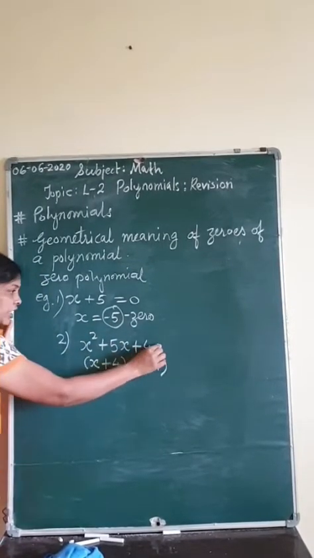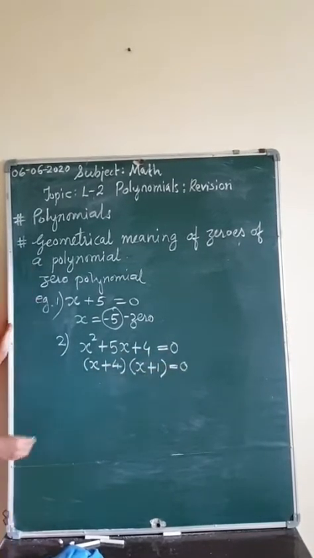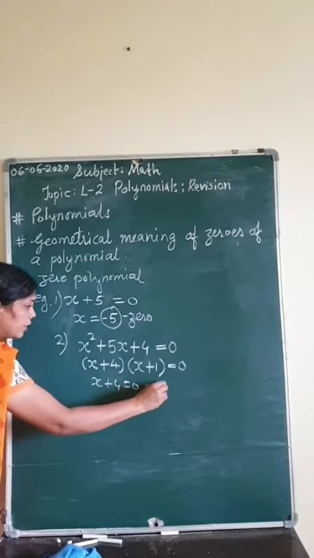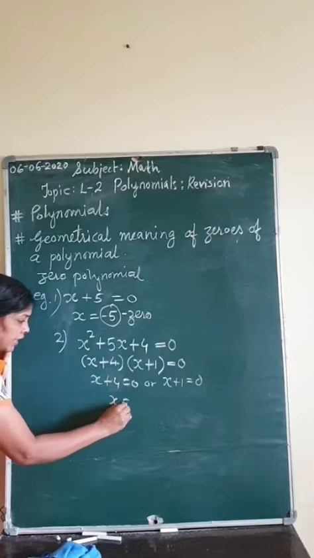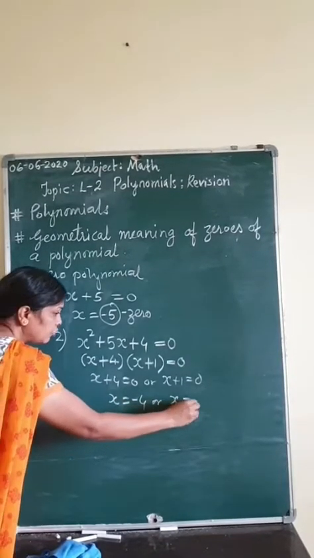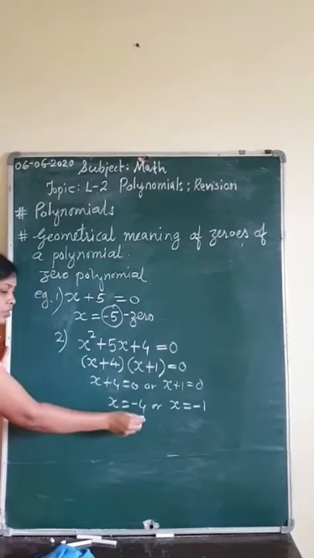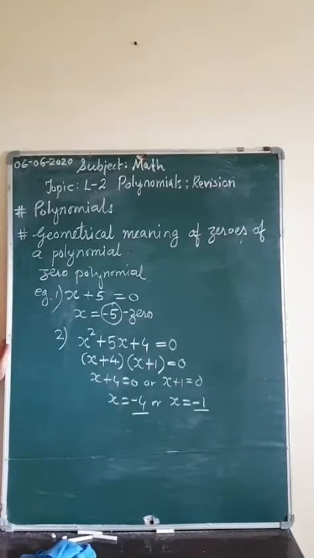If we put this at 0, then x plus 4 is equal to 0 or x plus 1 is equal to 0. So finally here we get x is equal to minus 4 or x is equal to minus 1. So the zeros of this polynomial are minus 4 and minus 1.